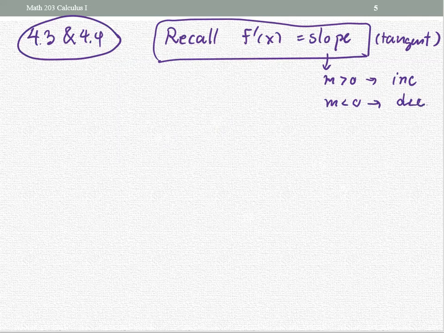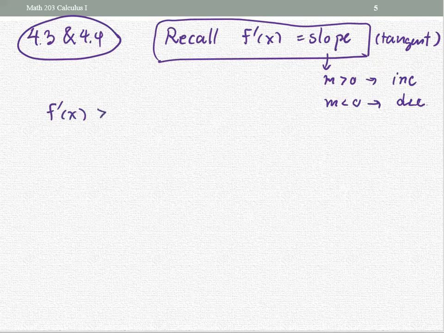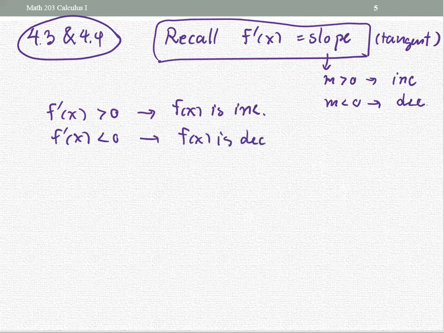So in terms of the derivative, f prime as a slope: f prime of x greater than 0, then f of x is increasing. f prime of x less than 0, then f of x is decreasing. Just this straightforward.